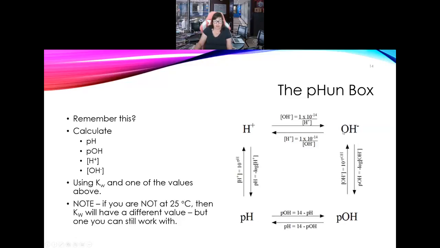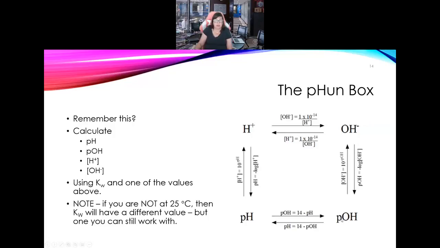Conversely, if I have the OH minus, I can get to the H plus again through Kw. If I have the H plus and I take the negative log of that, I get the pH. If I have the pH and I take 10 to the negative pH, that gives me the H plus concentration. pH and pOH are related through this equation, so pOH is equal to 14 minus the pH, or pH is 14 minus pOH.